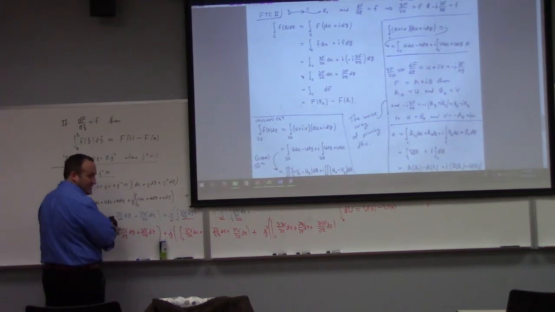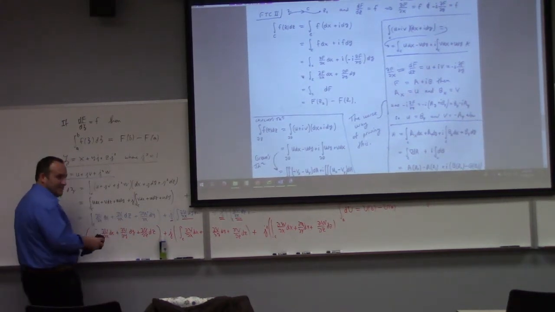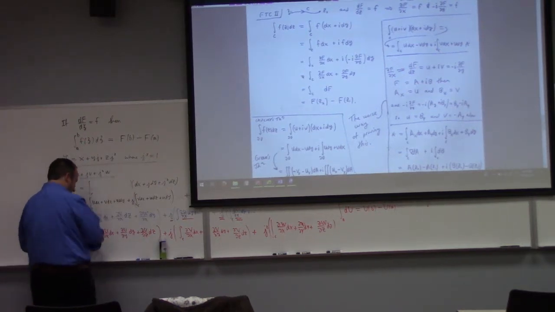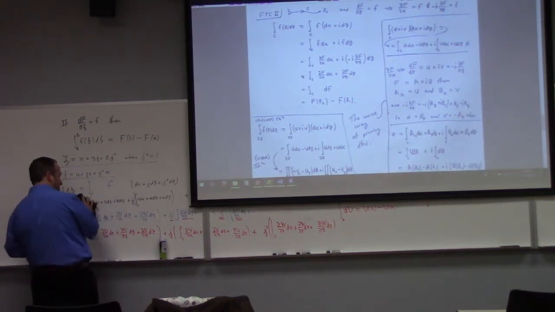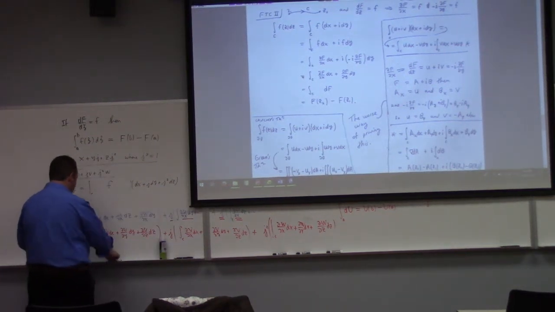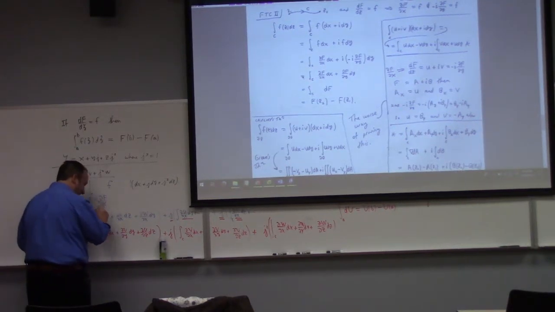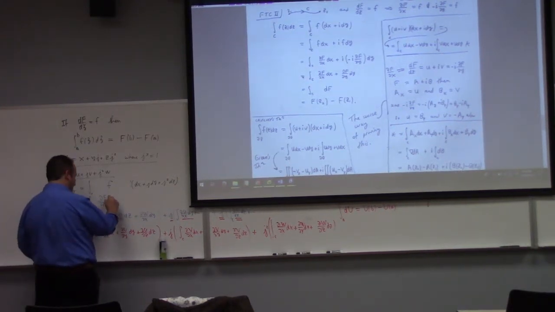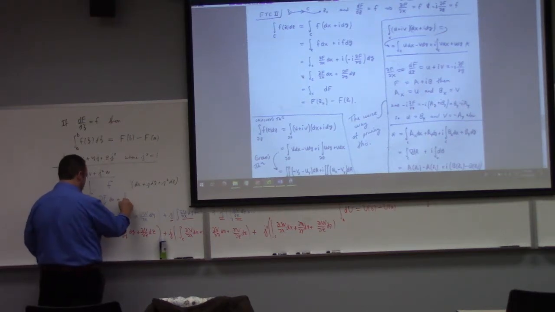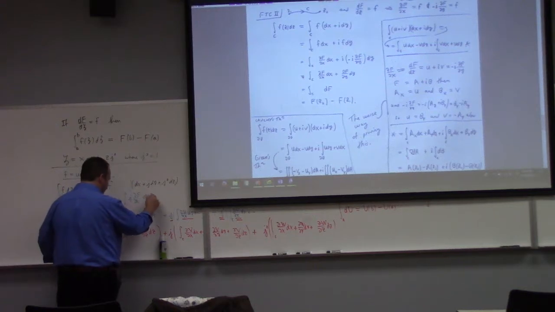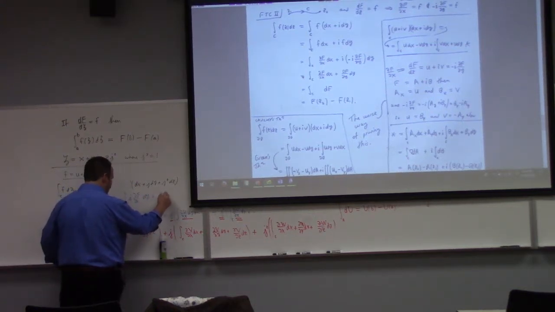I should have left this like this. Then I should have made this step like this, because then this would have been much, much easier.